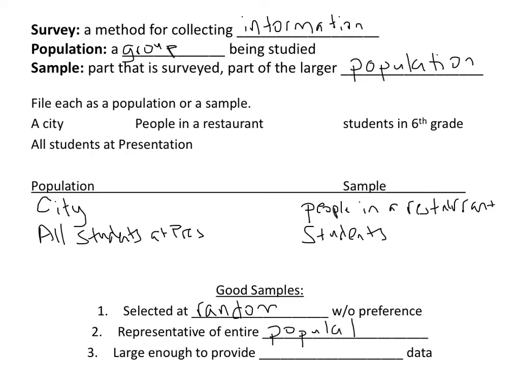So for example, the students in 6th grade are not really very representative of the entire population of the school. And lastly, it should be large enough to provide accurate data. A sample of one person would not be very accurate because you can't really create averages from that.